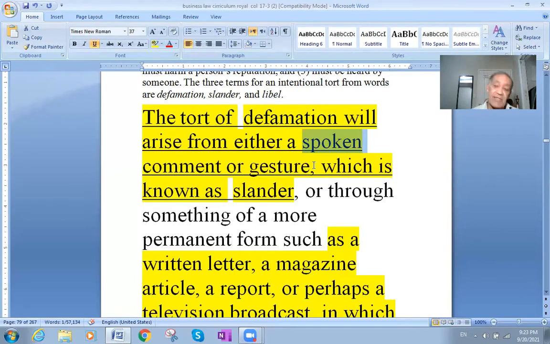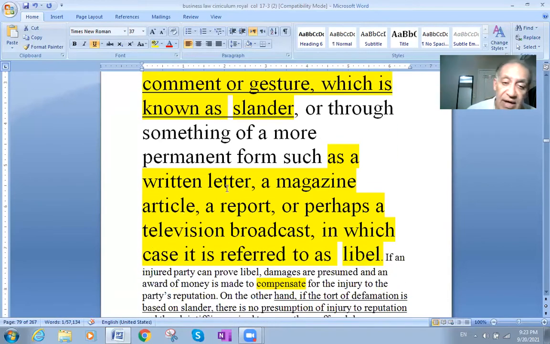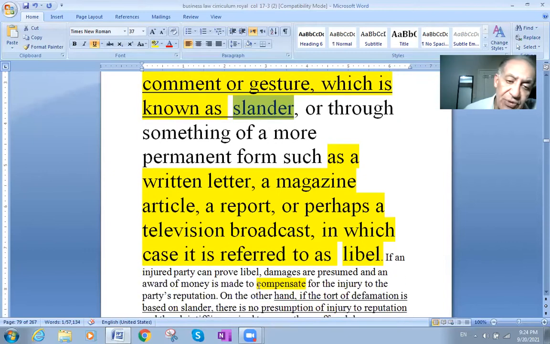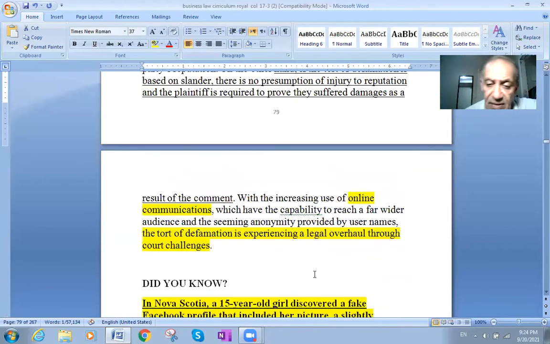Slander is a spoken tort, but we have a written tort, which we call libel. Again, if the tort was verbal, spoken by words, then we call this slander. But if this tort was written, a written letter, then we call this libel.